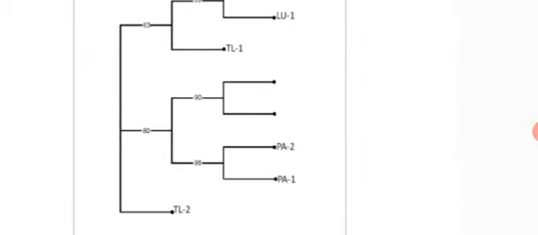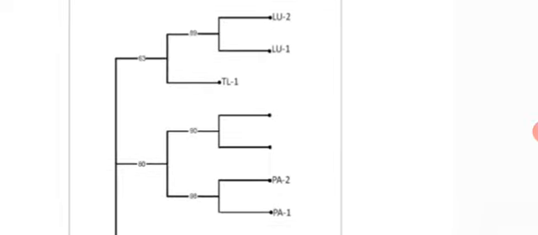One has about 53% resemblance, another has 50, and from that common ancestor these three groups have originated, and from each of these groups several subgroups originate, as you can see there: LU1, LU2, TL1, PA2, PA1, TL2, etc.